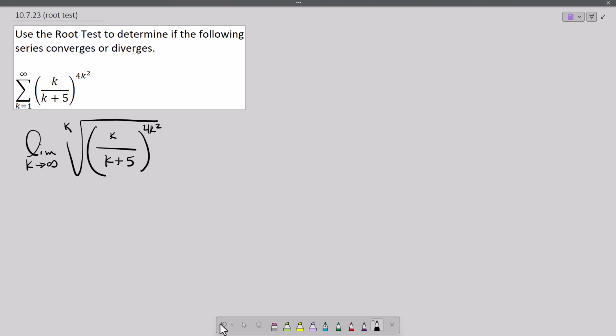The kth root means that you're going to divide out a k from this exponent position. And so we're going to be left with k over k plus 5, and we divide out a k, so we get to the 4k.